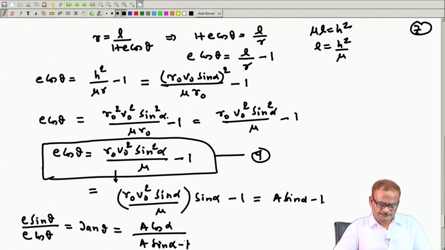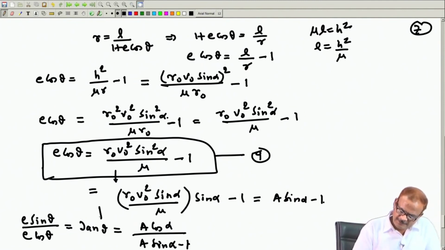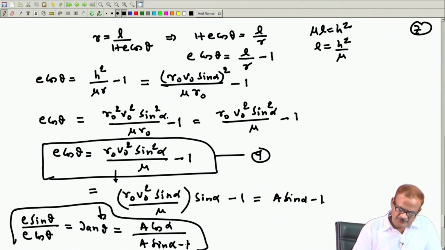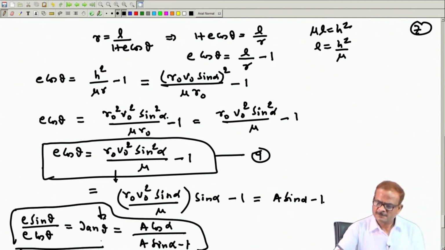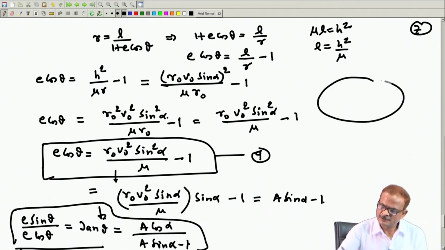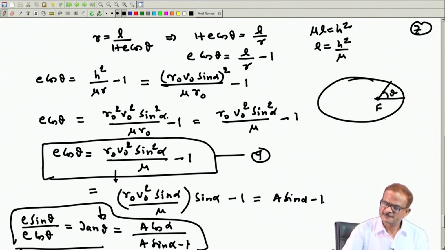Now, the question is whether, using this expression, it is possible to determine theta. You see here, if this is the orbit, r is always measured from the focus, okay, and this is theta. So, as the satellite is going around in the orbit, theta varies between 0 and 360 degrees.